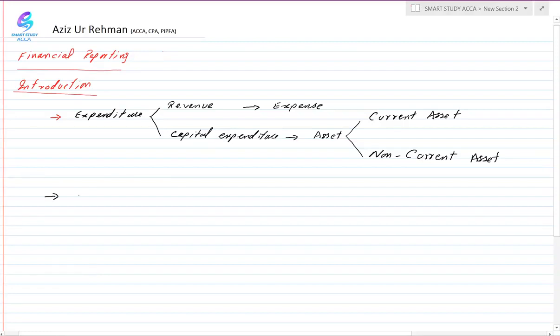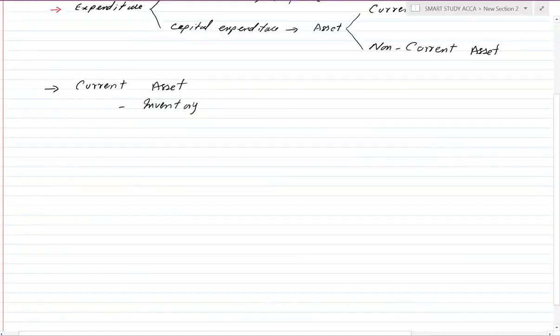After that, we will cover the current assets in detail. For example, there are different types of current assets. One is inventory, and we will cover the topic of inventory. After that, we will cover financial instruments as well, just like receivables.